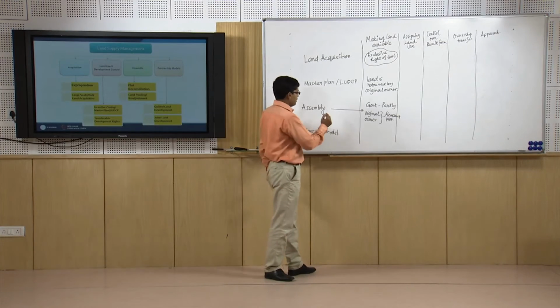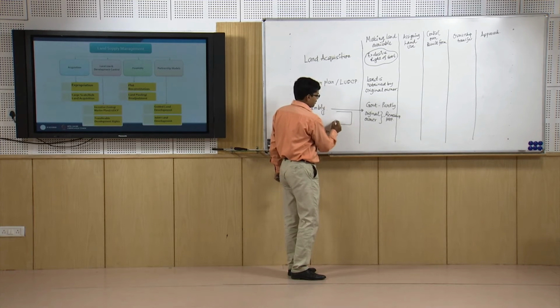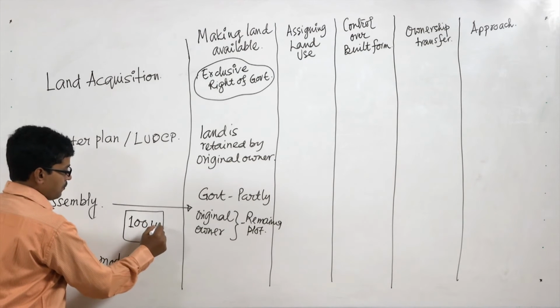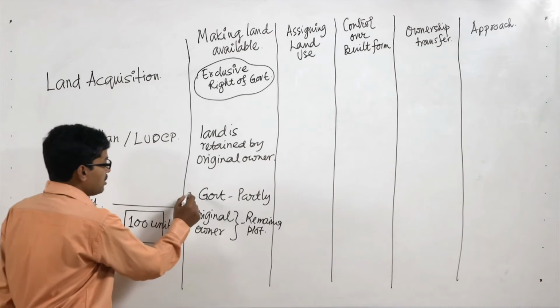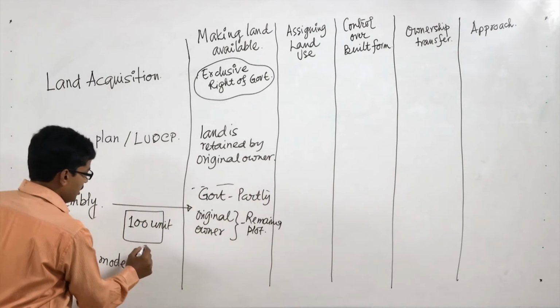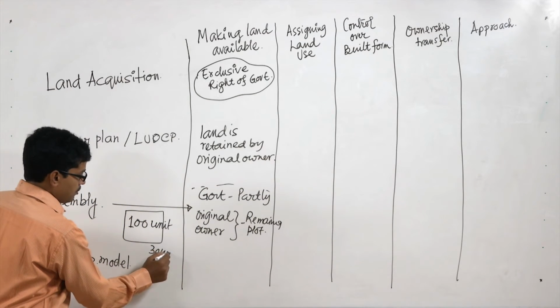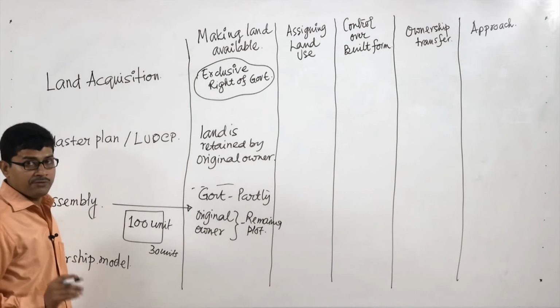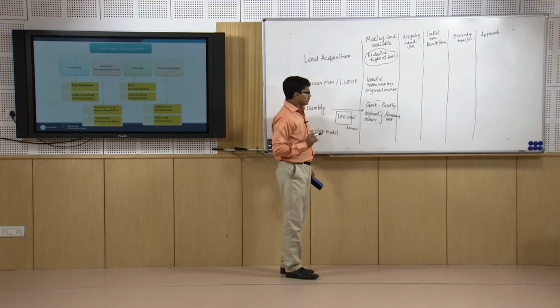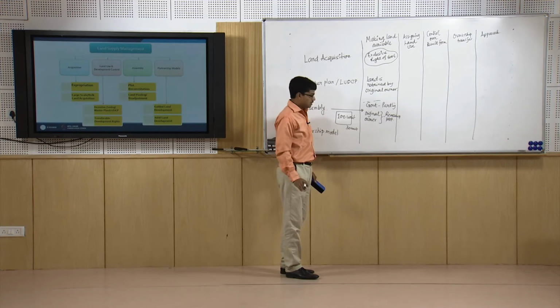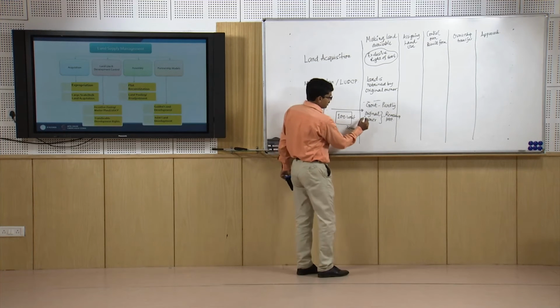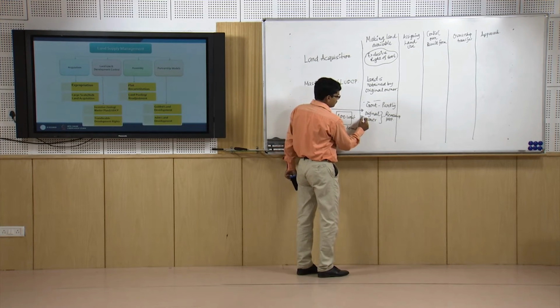Let us suppose the land unit is 100 units. So, for developing that 100 units of land, maybe government needs say 30 units of land for providing infrastructure, service, connectivity. So, government can take that 100 units of land and provide the service and utility in 30 units, and the remaining 70 units can be given back to the owner.